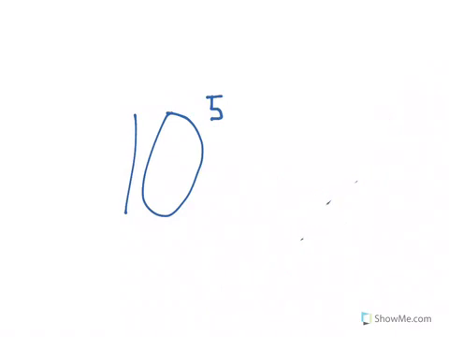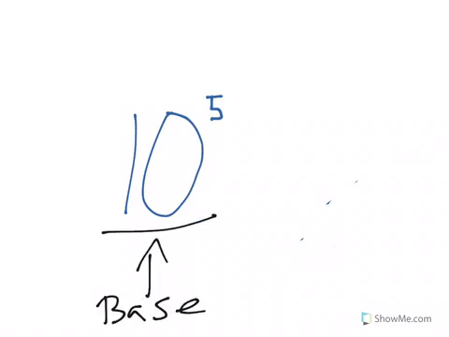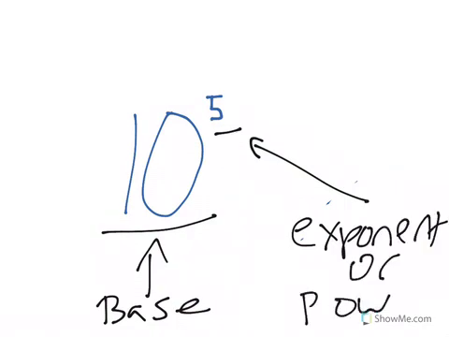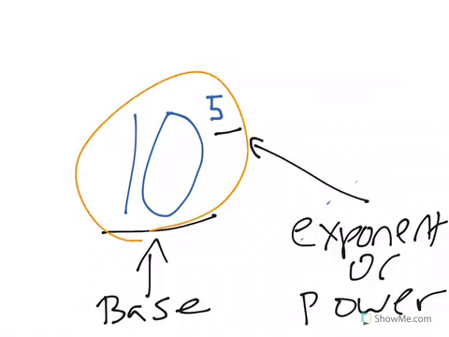So let's use a little bit of vocabulary here. The number that you're multiplying again and again and again is called the base. So the base of this exponent is 10. The number of times you're multiplying it, you can call that the exponent or the power. So I could read this number as 10 to the power of 5.